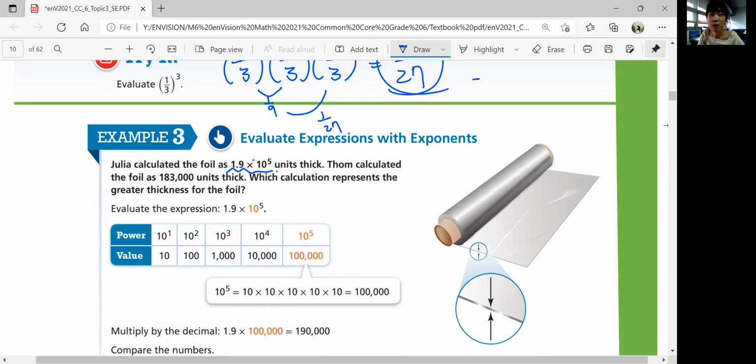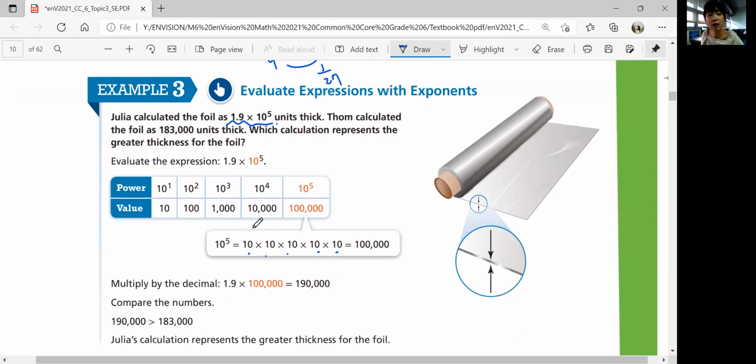What is 10 to the 5th power? You multiply 10 5 times, and that will get you 100,000, right? 10 times 10 times 10 times 10 times 10 is 100,000. And so if you multiply 1.9 by 100,000, you move the decimal place 1, 2, 3, 4, 5 units to the right.